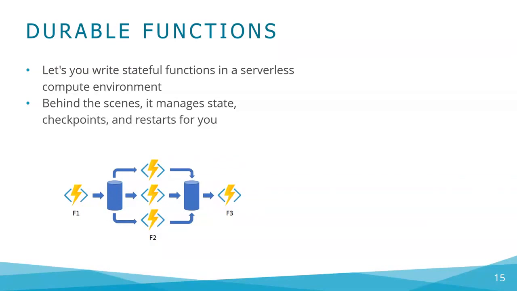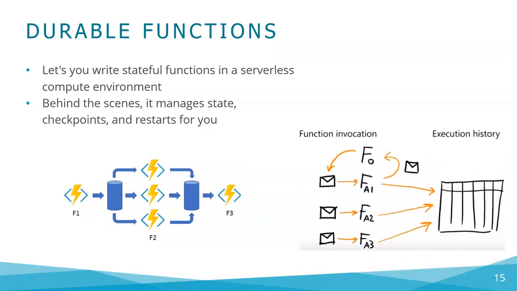In this Azure functions programming model, let's consider F0 as an orchestrator function, and we are going to see the chaining approach in durable functions. When the chaining starts with the master function, the orchestrator function, instead of calling the next activity function directly, it puts a message on a queue and the corresponding activity function is triggered based on the message. Then the orchestrator function goes to sleep until it gets the return result.